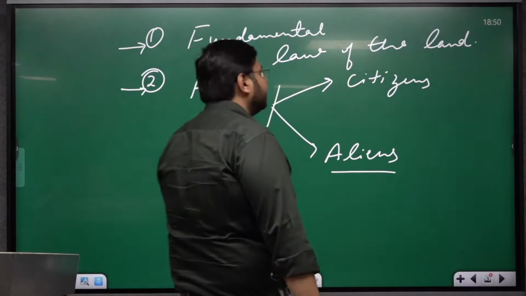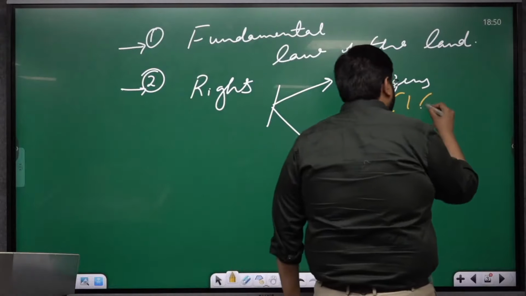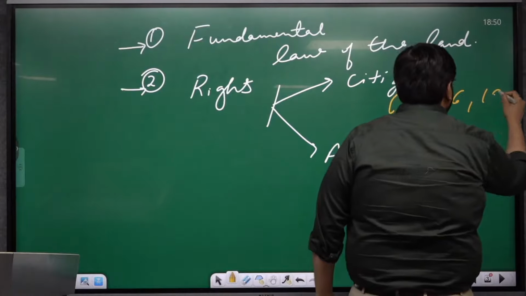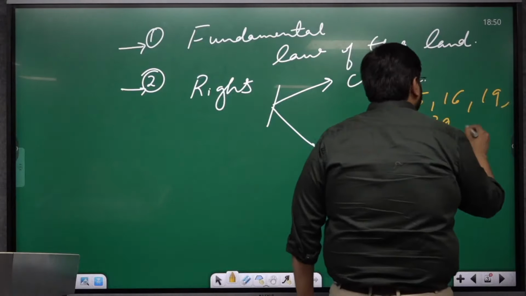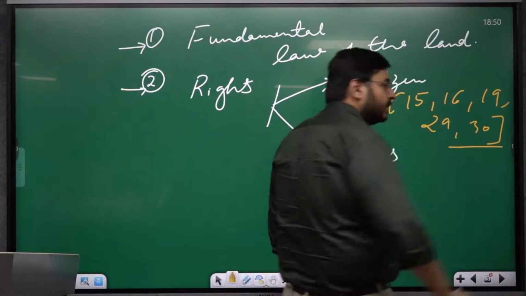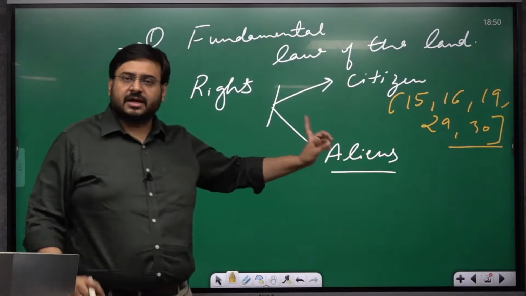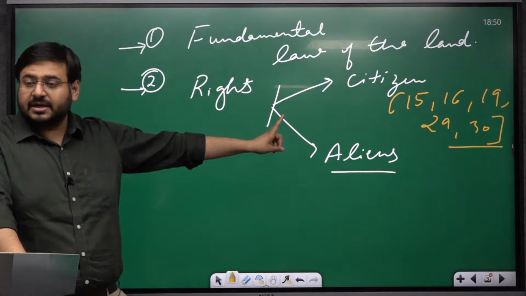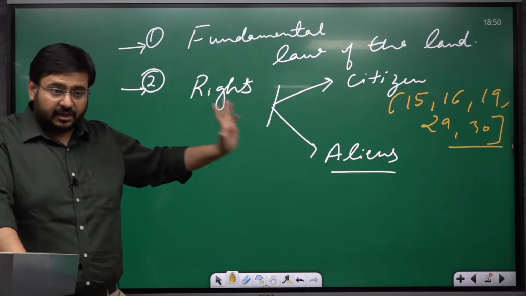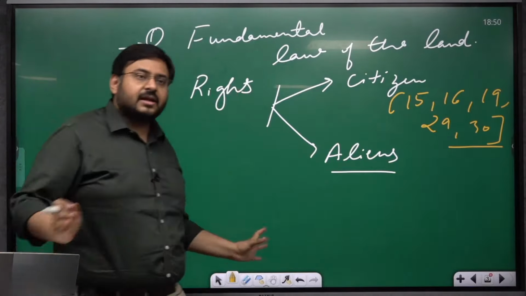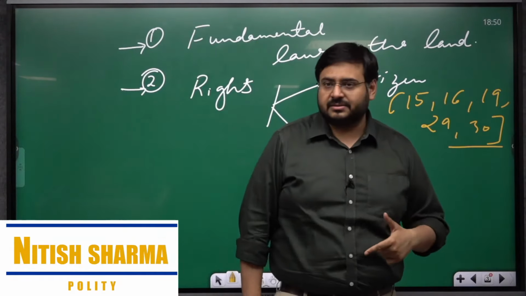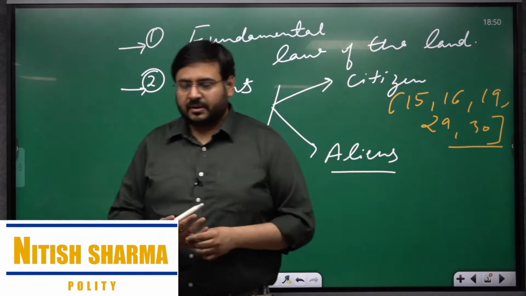Which fundamental rights are these? Articles 15, 16, 19, 29, 30. These are the fundamental rights which are available only to the citizens. 15, 16, 19, 29, 30. Clear? All the other rights are available to citizens and aliens. Is it clear? Understood?